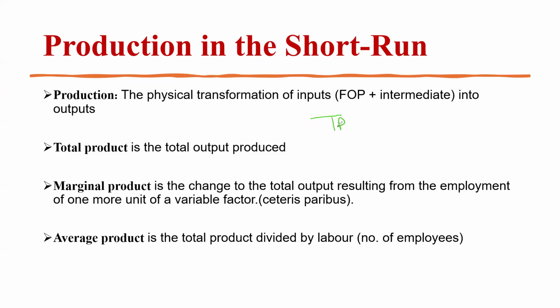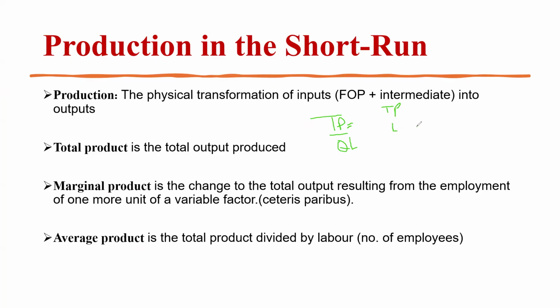One of the tutors says that we're basically calculating the mean. You say your total product divided by what? The quantity of labor, right? So if you have your total product here, and then you have your labor.